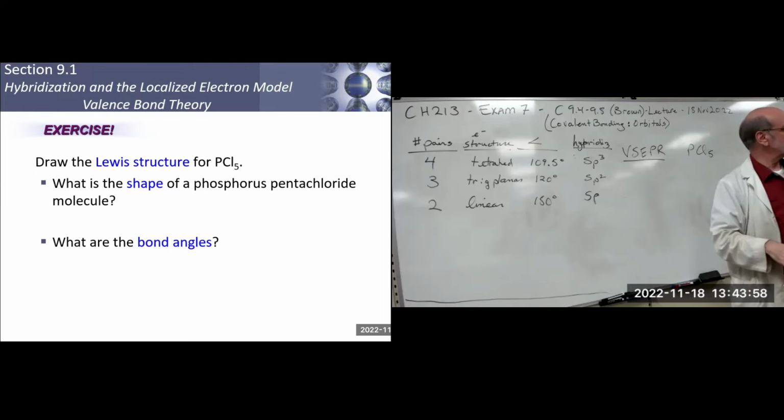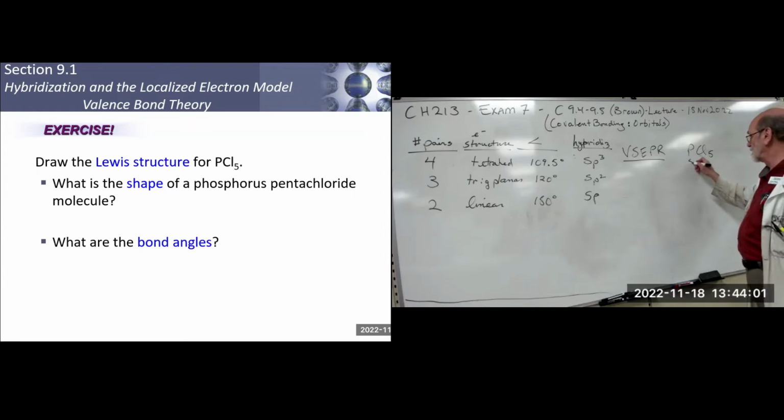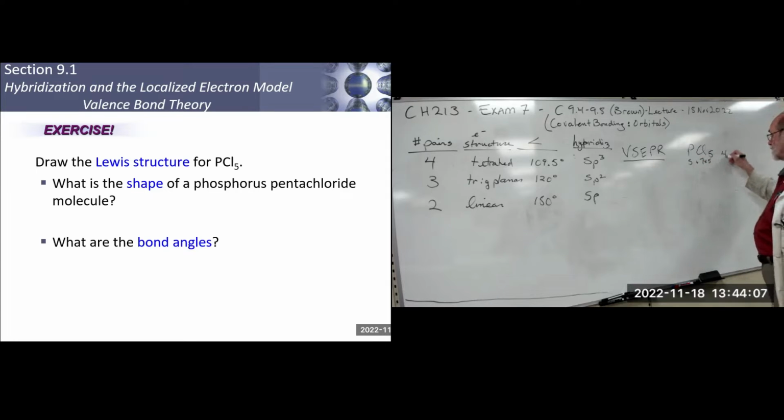Phosphorus is 5, and chlorine is 7 times 5, so that's 8 times 5 is 40 electrons. With phosphorus in the middle and chlorine at each position, 5 times 2 is 10, so we have 30 electrons left over. Six more electrons for each chlorine, and there are 5 of them, makes 30. So they're all used up.